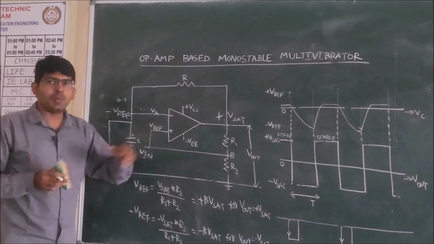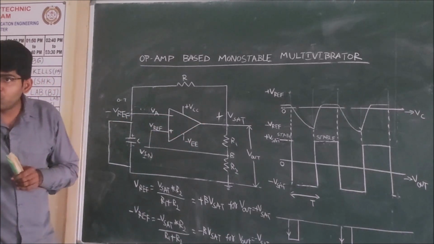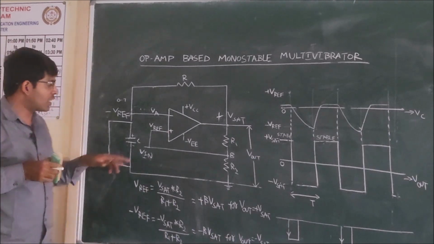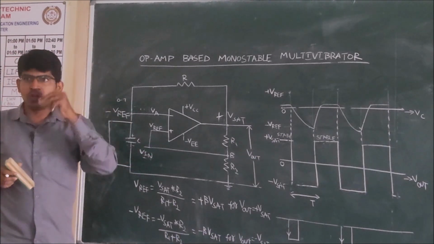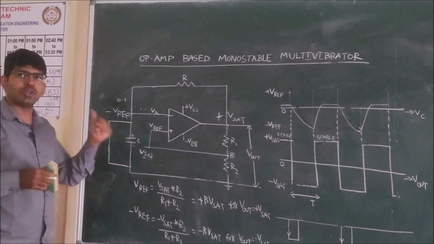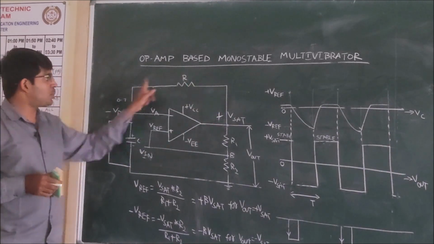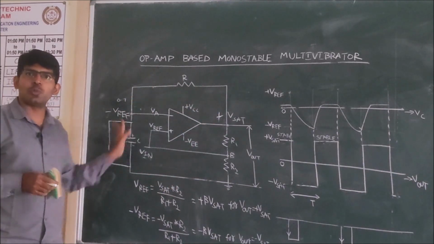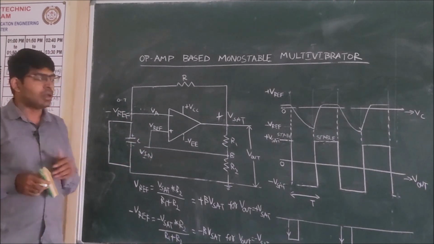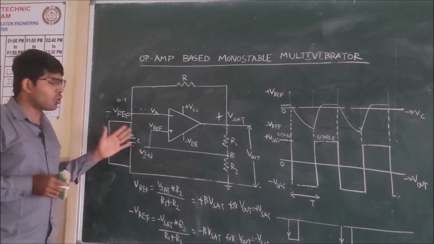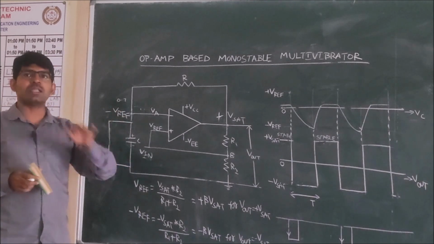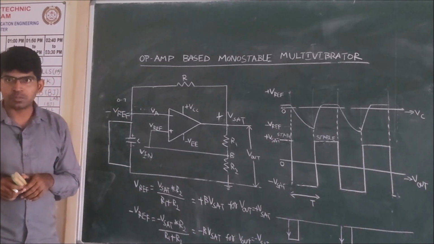So this output will be plus Vsat for an infinite amount of time. If we do not give any trigger pulse, its value will not change because it is short circuited. Always the output is plus Vsat. Because we are connecting the diode, there is no role for the capacitor here. We are bypassing the capacitor with the diode.